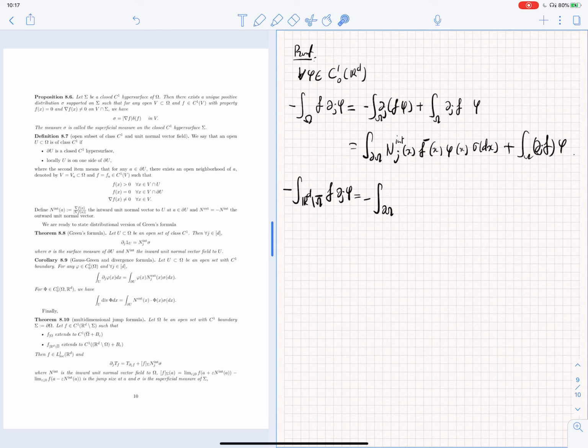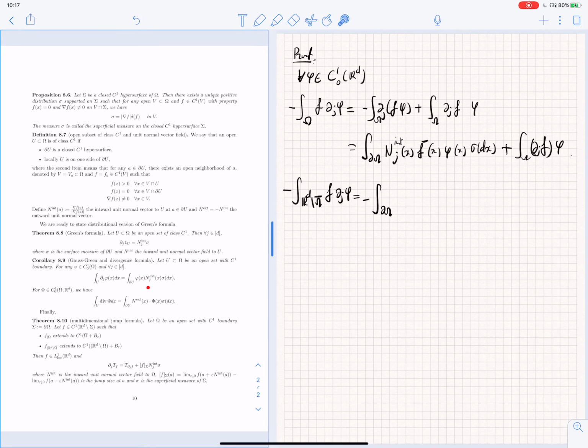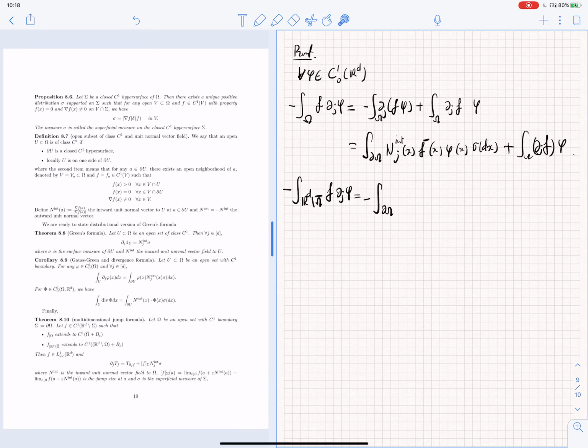Recall that here we have applied Green's formula, where we use the outward unit normal vector field. Since we have a negative sign, this actually becomes an inward unit normal vector field. On the other hand, the outward direction for this side and for this side are exactly opposite to each other. Okay, so I think this is pretty clear.